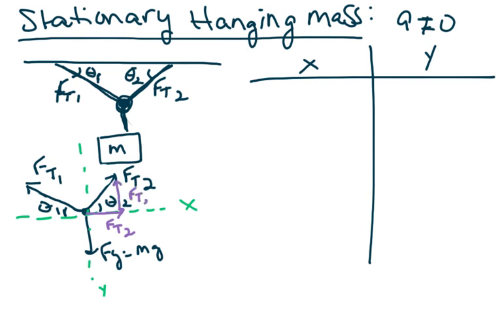And it has a vertical component going up. So FT2 pulls to the right and up. FT1 pulls to the left and up. And we call those our vertical and horizontal components.